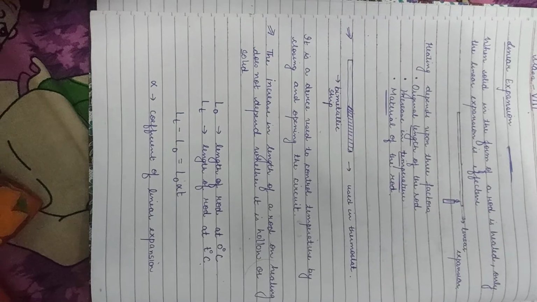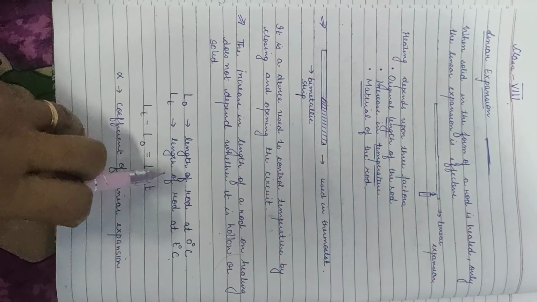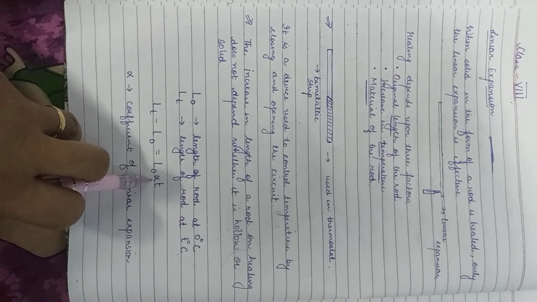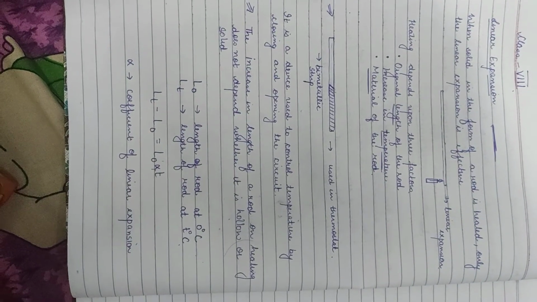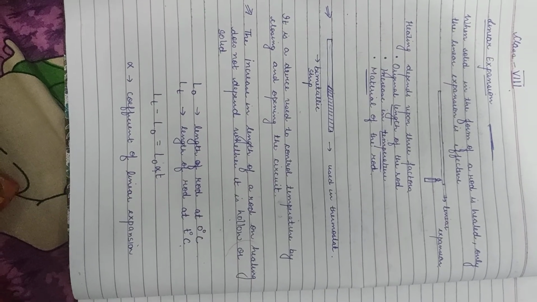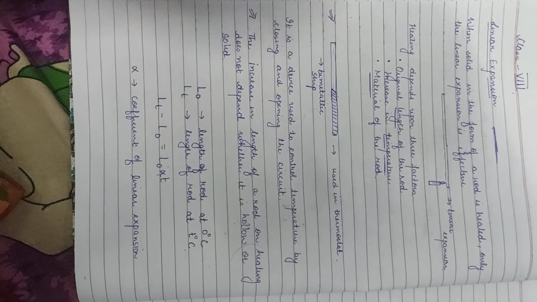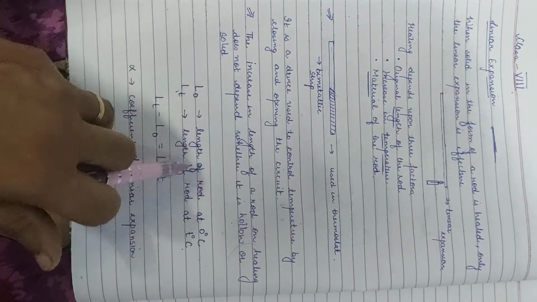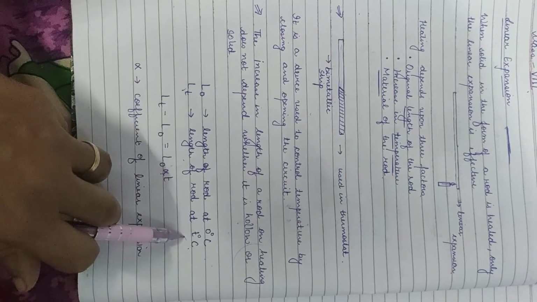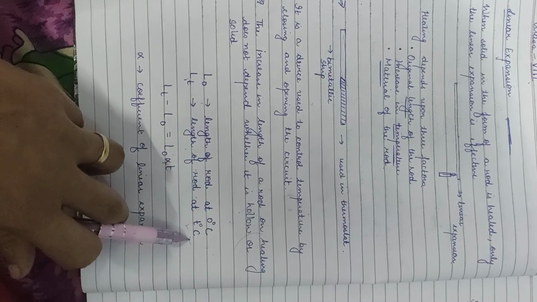You should just be familiar with this expression of linear expansion. See, this alpha is representing the coefficient of linear expansion. Coefficient means some constant value which you put to have the exact differentiation between them. So here LT will be the length of the rod at T degree Celsius, and L0 is the length of the rod at 0 degree Celsius.